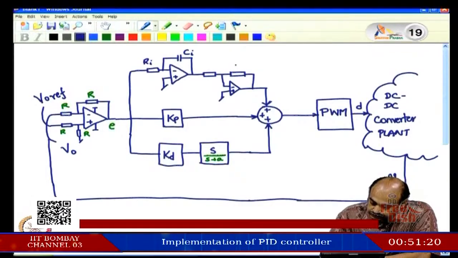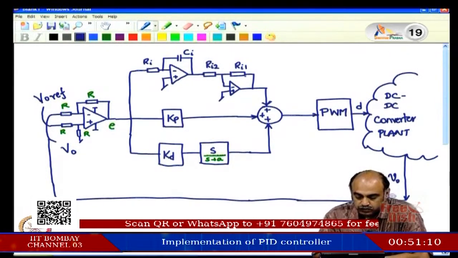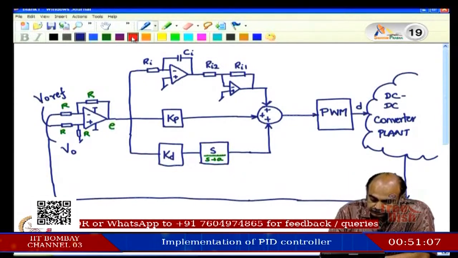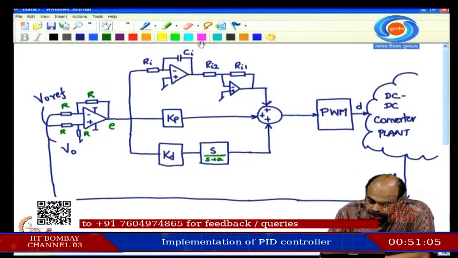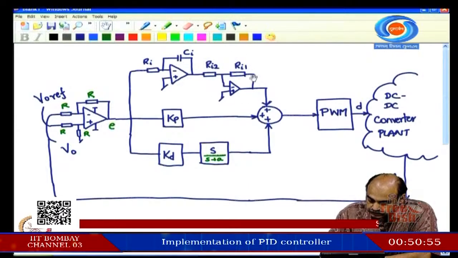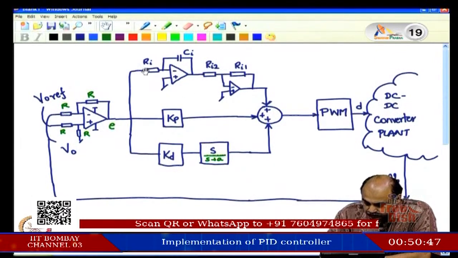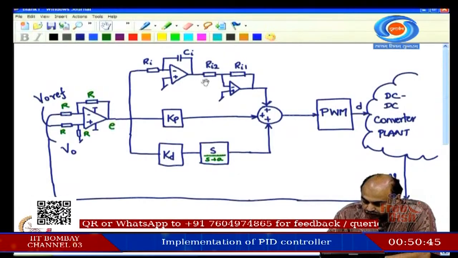So, this R I 1 and R I 2 would give not only gain, but also the inversion. This portion gives additional gain plus inversion. Okay. So, you have two degrees basically, setting the gain of this stage and setting the integration gain of this stage. You have an inversion here, you have one more inversion here.